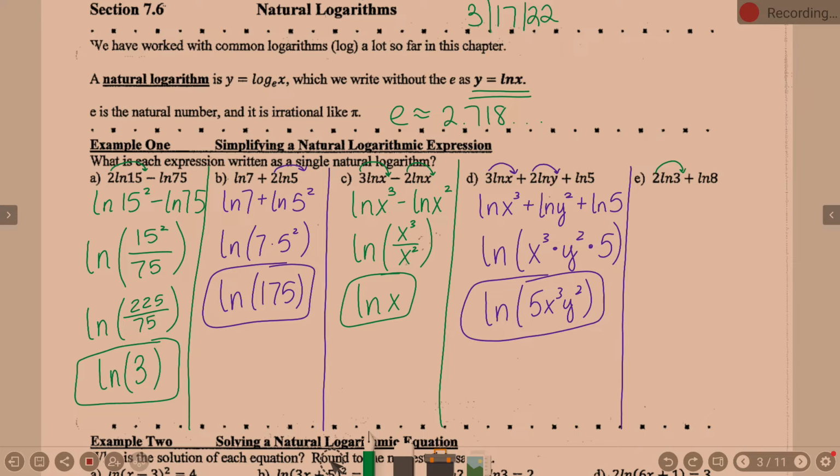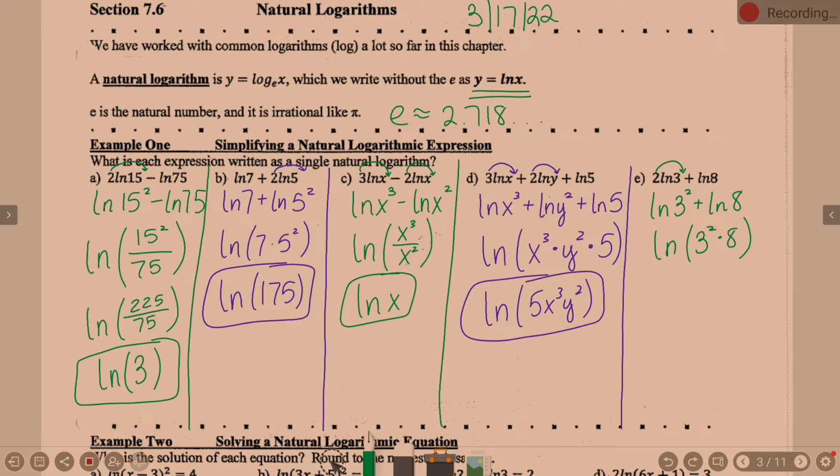So 2 natural log of 3, power property, natural log of 3 squared plus natural log of 8. Did you get it? Two logs being added is 1 log where the insides are multiplied.